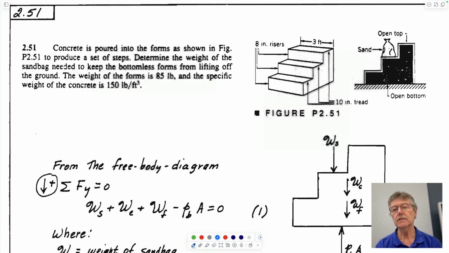And so what you need to do is you anchor it with a bag of sand. How much sand do you need? What weight of sand do you need to do that? And so the kind of curious thing about this problem is this.